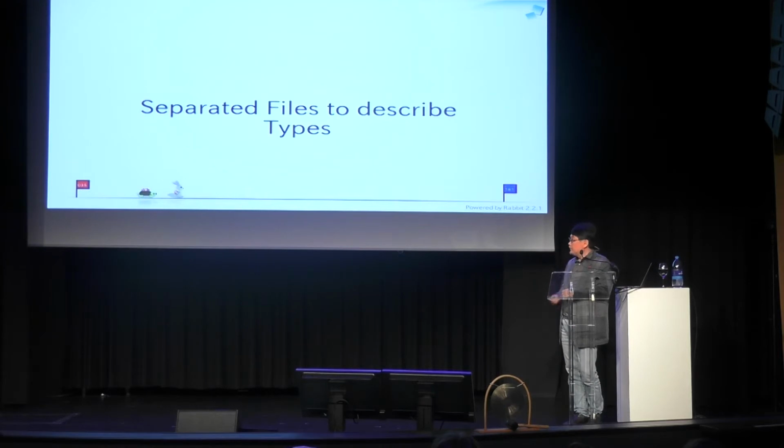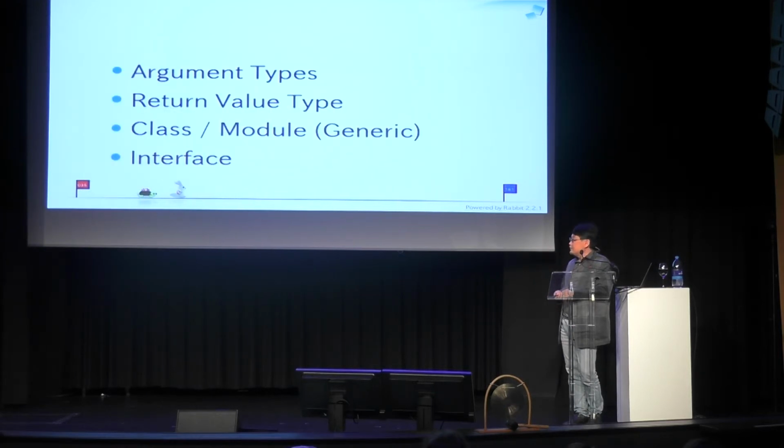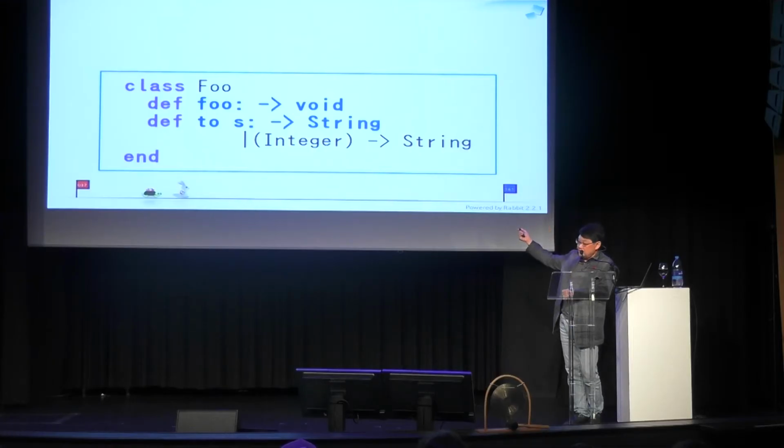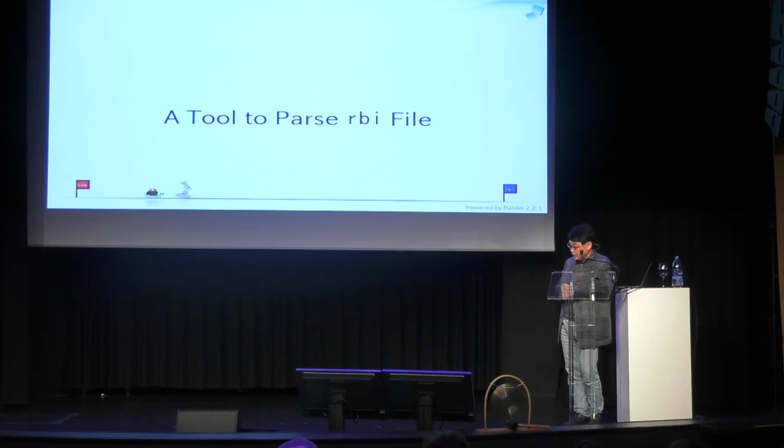He uses separate files to describe types: argument types, return value types, class and modules with generic types and interfaces, like this. This is kind of like Ruby, but a different syntax because of the types. We are not going to change the Ruby language, but we are going to add this kind of type description file for libraries, including standard libraries and gems.